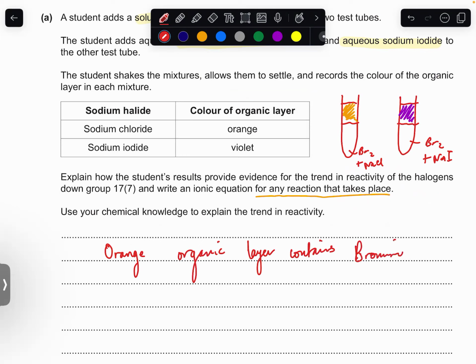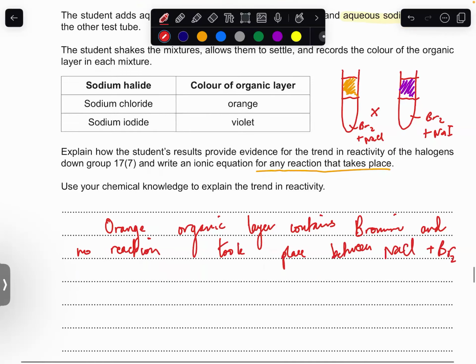That means no reaction took place between NaCl and Br2.